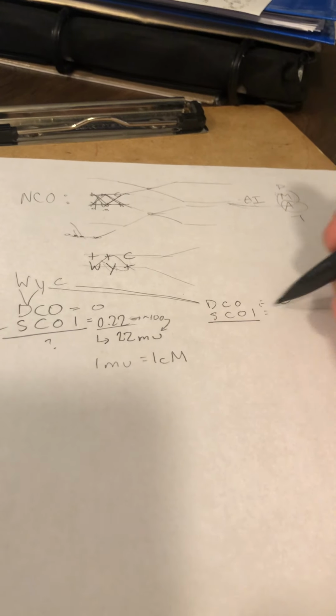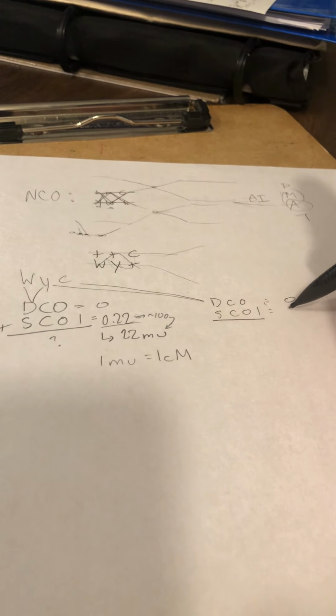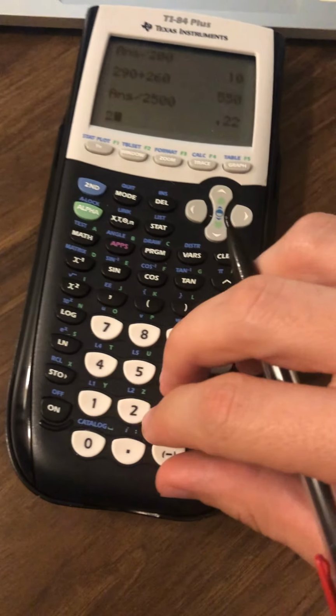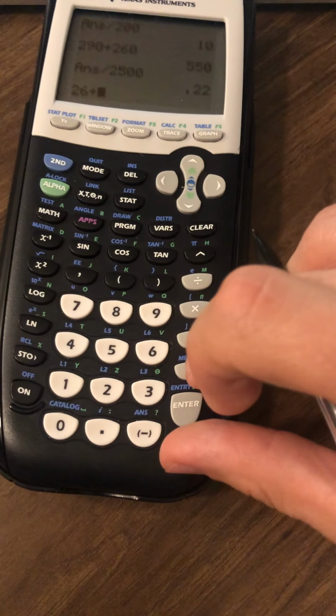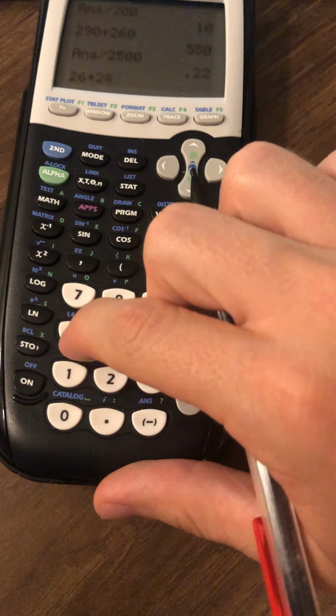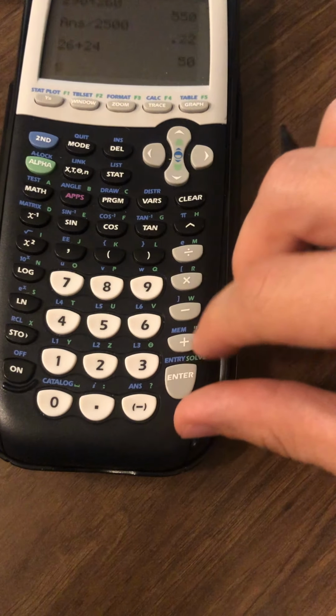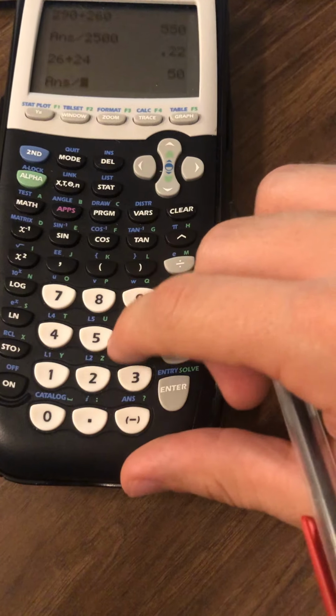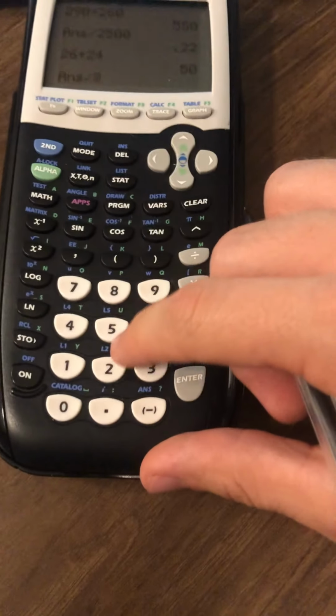That's going to be equal to 26 plus 24 divided by 2500.